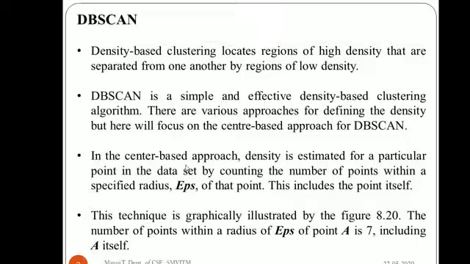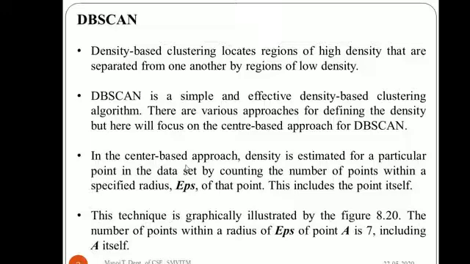In order to keep the notion of the density of points, we count the number of points within a specified radius of that point. This includes the point itself also.